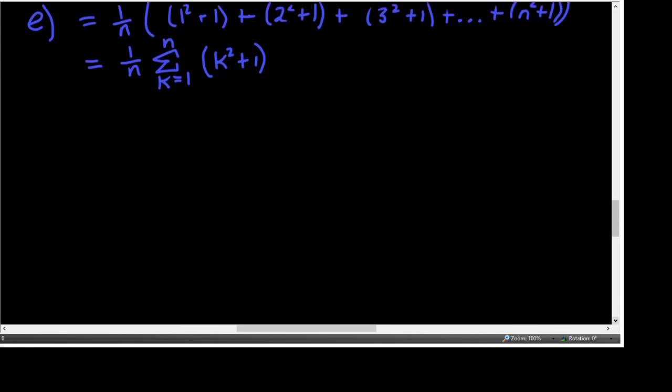And that's our first property, number 1 being, of course, sigma of i equals 1 to n.